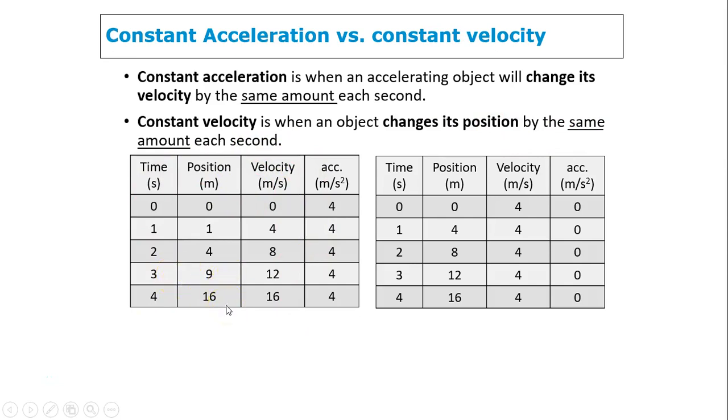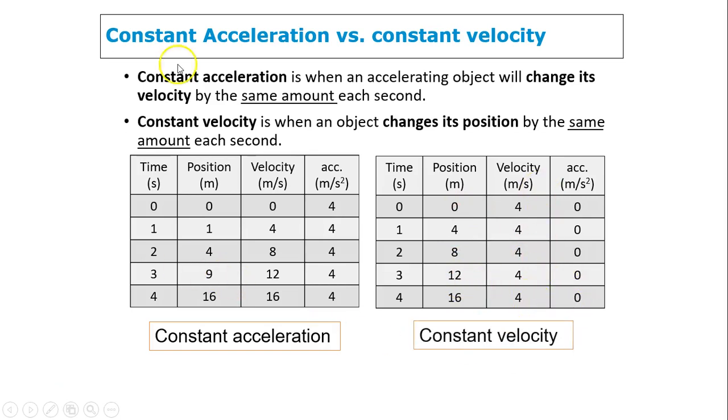This indicates constant acceleration because the change in velocity is constant. Now the table on the right indicates velocity is constant because it shows the change in position, or displacement, is constant. Whenever velocity is constant, acceleration equals zero.